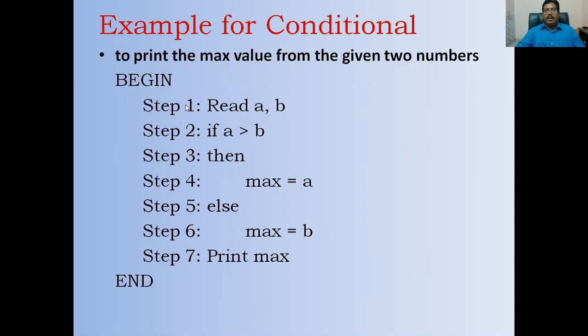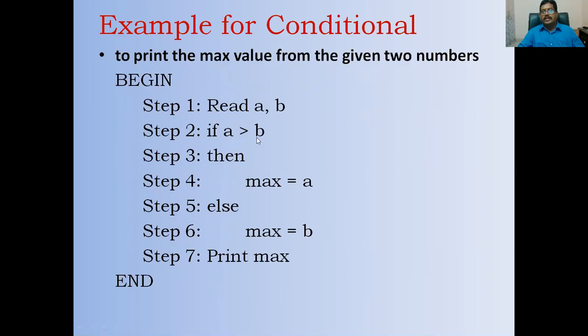While writing the algorithm, as already specified, first we write begin. In step 1, we read the two variables, read A, B. In step 2, we check the condition: if A is greater than B. If this condition is true, max holds the A value.